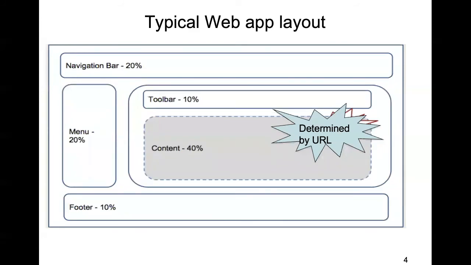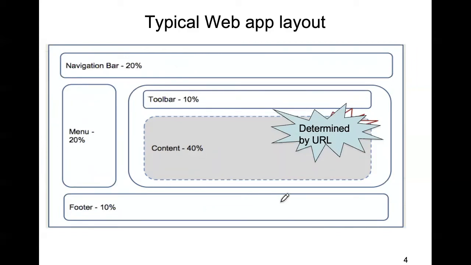What I'm showing you here is just your typical layout of a web app. And this is just by way of convention over the years, really. So what I'm trying to get across here is that typically web apps tend to have a header part that remains static across all the pages and views that you navigate across.